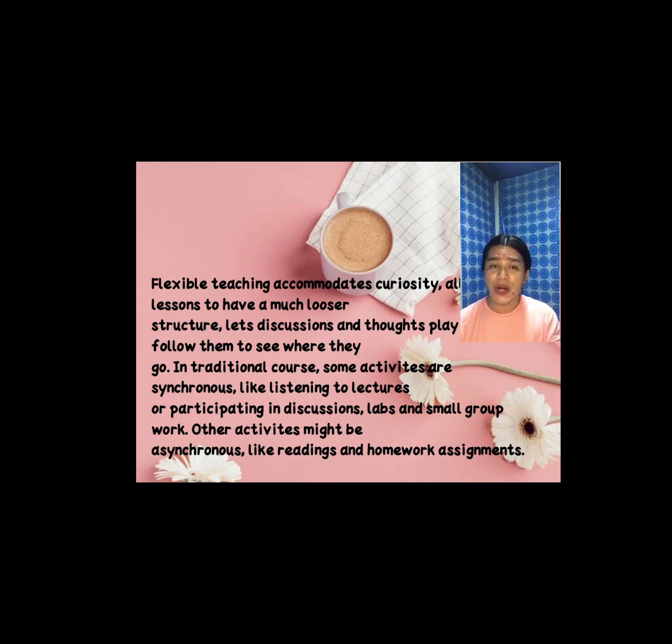In a traditional course, some activities are synchronous, like listening to lectures or participating in discussions, labs, and small group work. Other activities might be asynchronous, like readings and homework assignments.